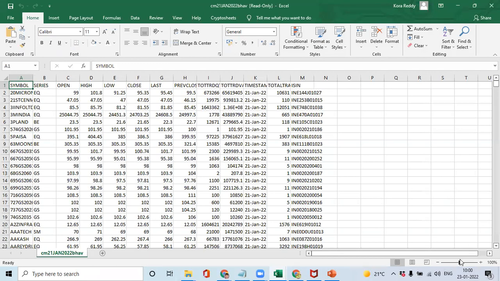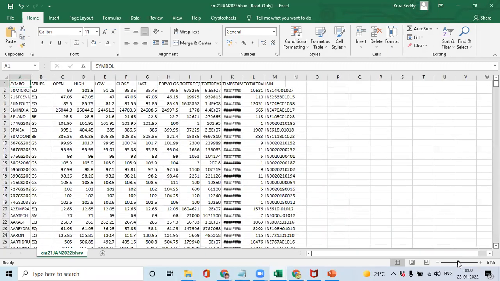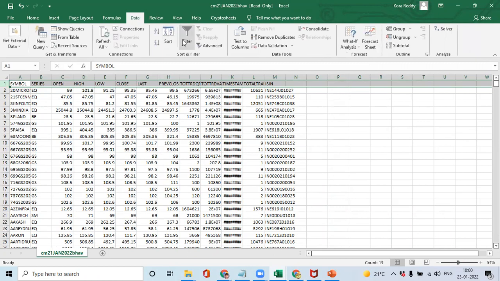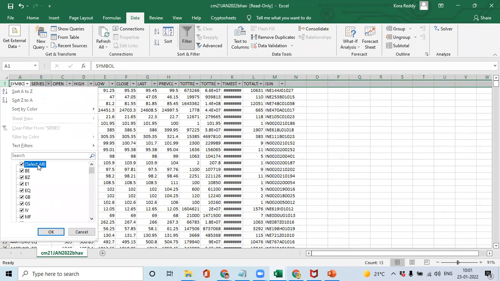Right. So I don't know about all the series. EQ is your equity. There are about 6 to 8 series that NSE bifurcates each security that gets traded into. BE and BZ are in the trade-to-trade segment where you cannot day trade.